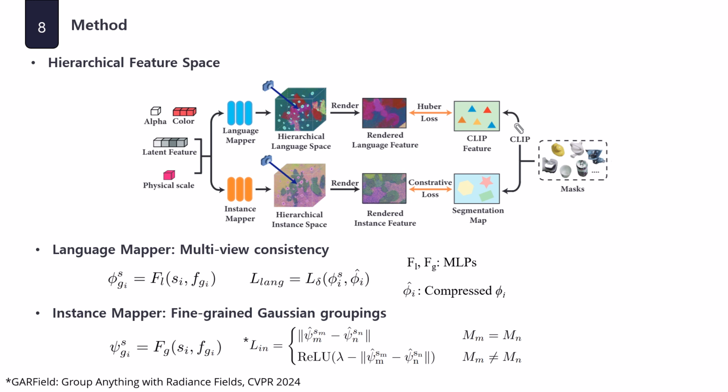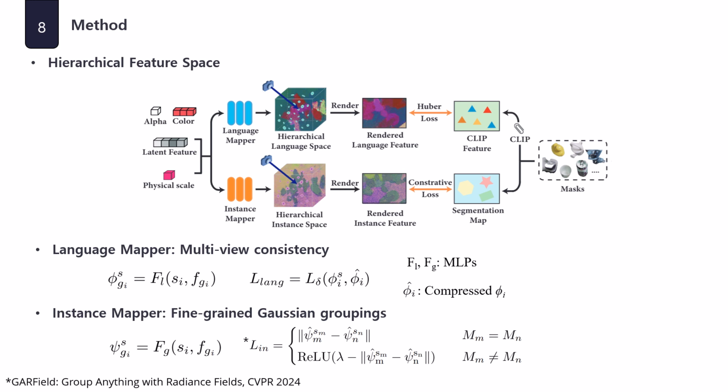This loss, borrowed from the previous research, the Garfield paper, is designed for 3D representations. It encourages features from Gaussians belonging to the same instance to be similar and features from different instances to be dissimilar. If you are interested in the specifics of this contrastive loss, I recommend checking out the Garfield paper.